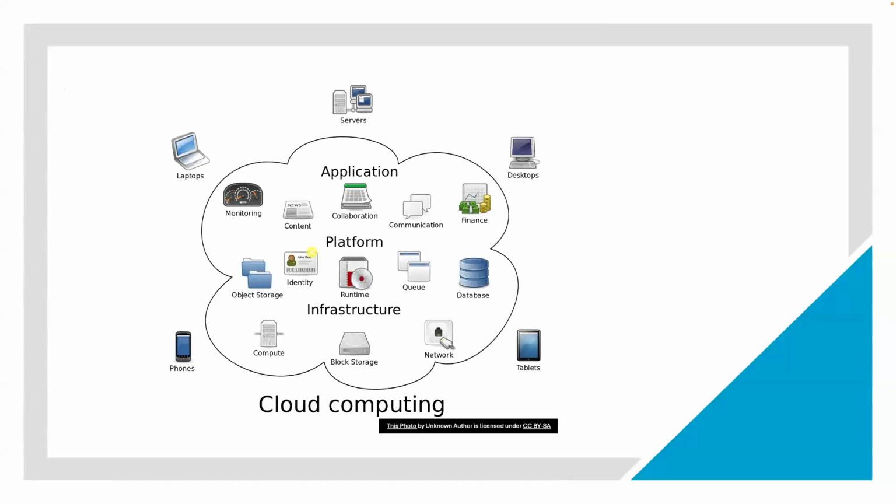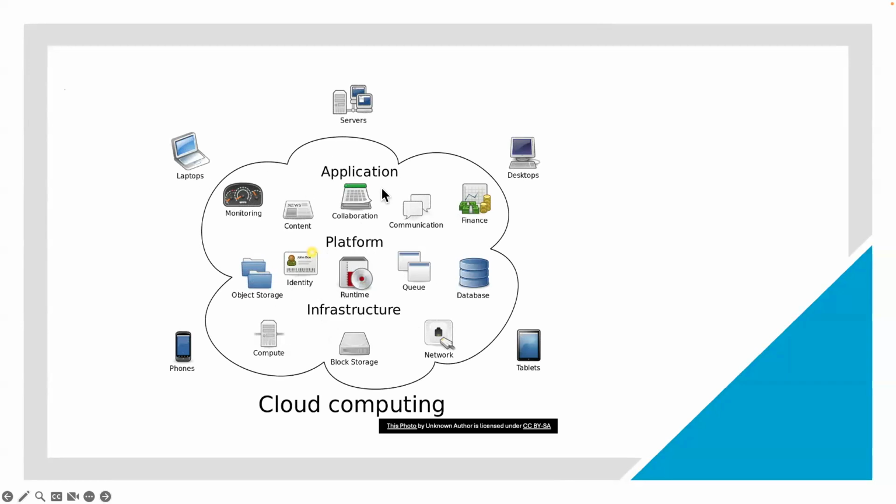So these are some of the services cloud computing provides. You can see different services: infrastructure services, platform services, which are our databases, messaging platforms, application hosting, and web hosting platforms like Java, .NET, Python, different platforms you can set up.